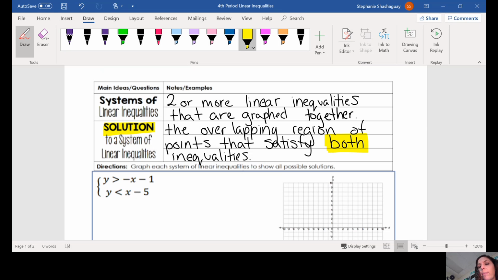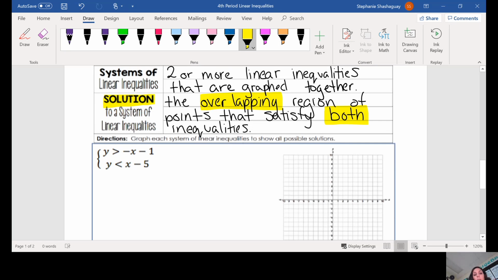And that's when you satisfy both. So it's the overlapping area. So you have to be able to graph both equations and then see where the two areas overlap.